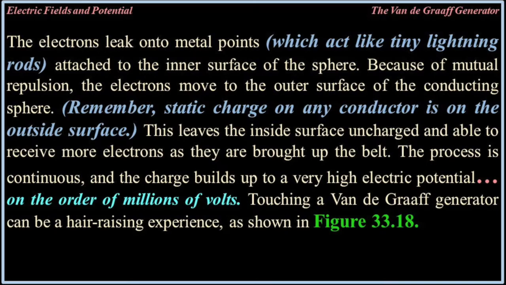The process is continuous and the charge builds up to a very high electric potential on the order of millions of volts. Touching a Van de Graaff generator can be a hair-raising experience, as shown in figure 33.18.